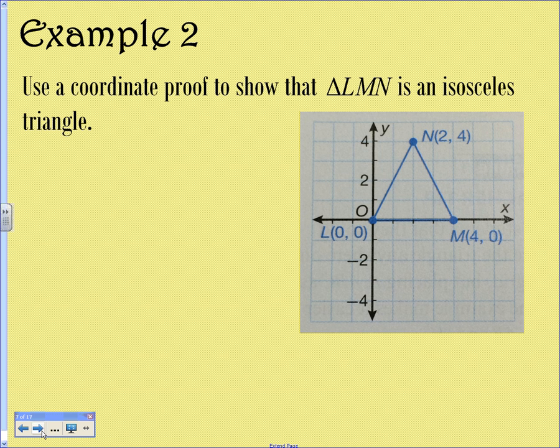Find the distance of the sides. Okay, so what side do y'all want to start with? The left. Okay, LN. So how would we find the distance of LN? Two minus 0 squared.